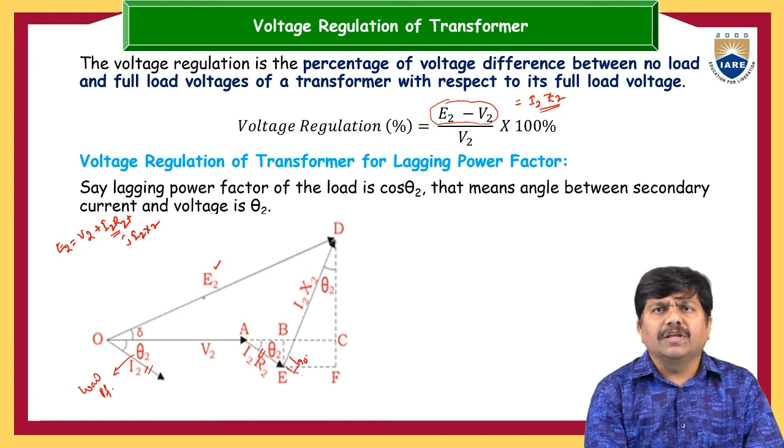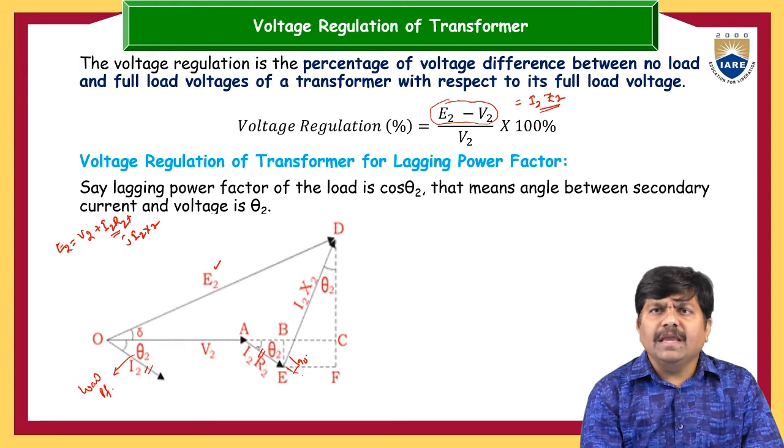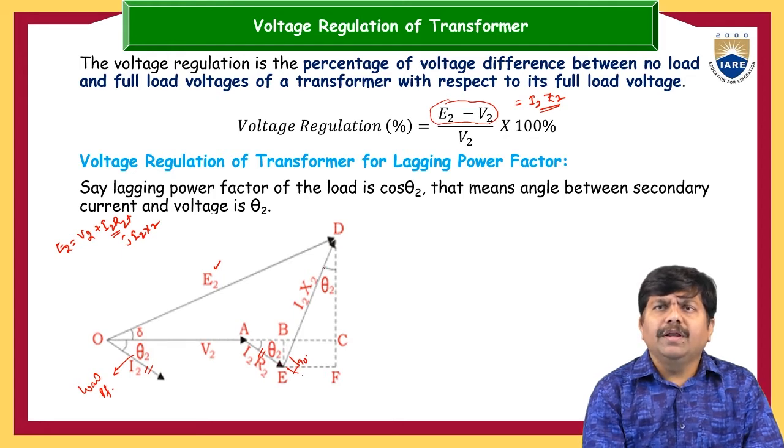For simplification, I represent V2 by the vector OA, AE is I2R2, and ED is the I2X2. Of course, I2R2 and I2X2 are complex quantities.